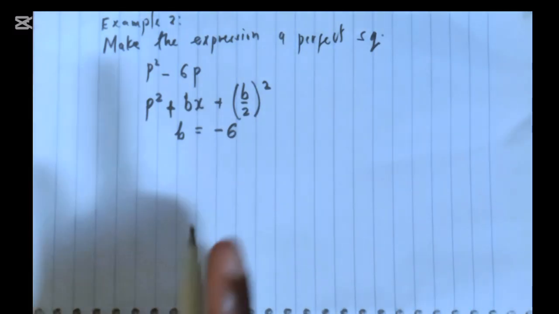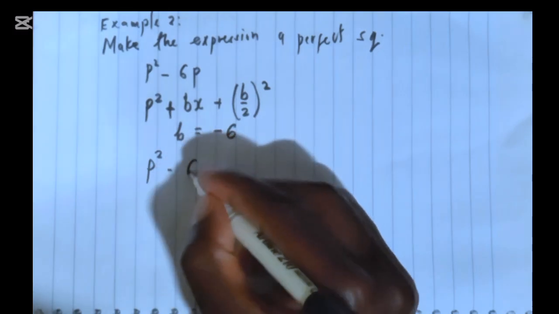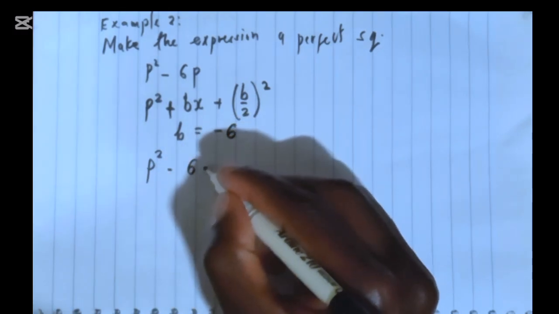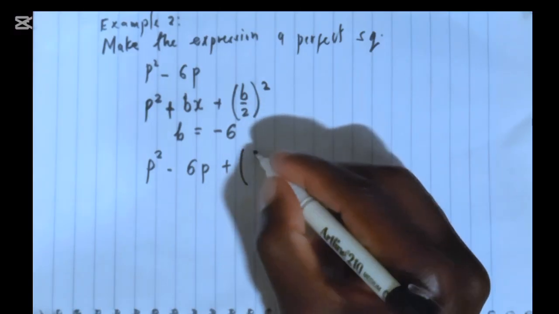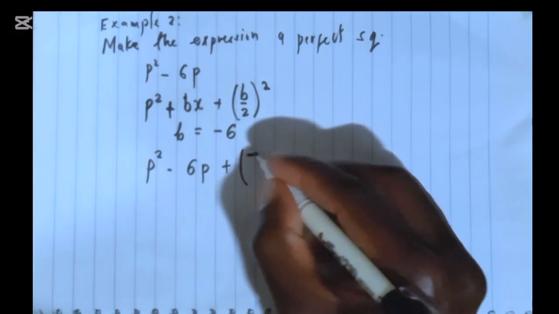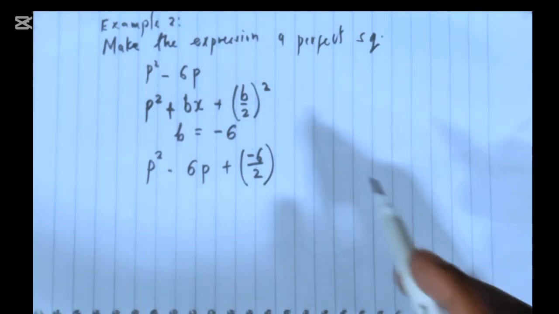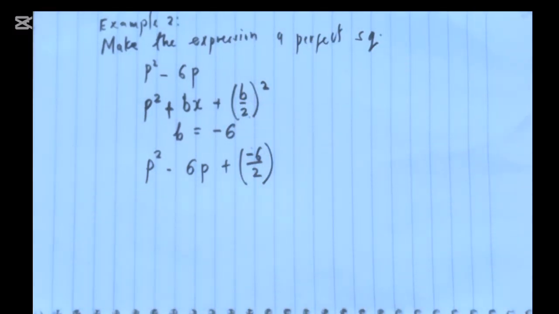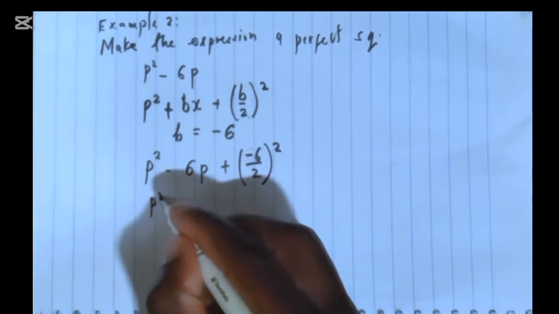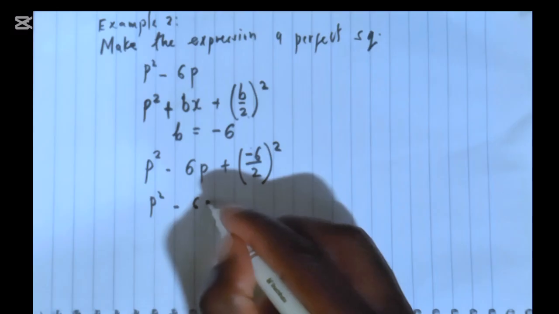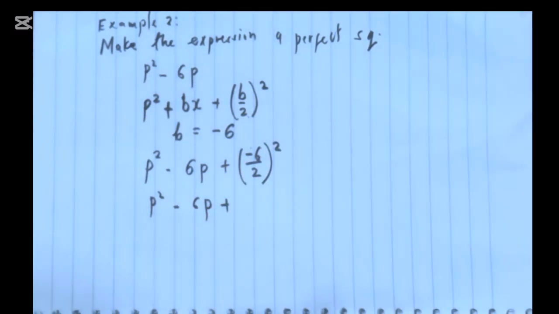So it's going to be p squared minus 6p plus -6 all over 2, in place of b here, and all of that should be squared.